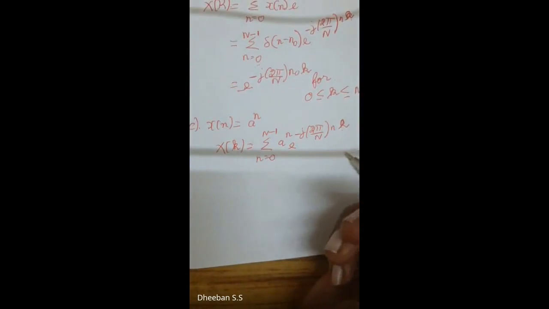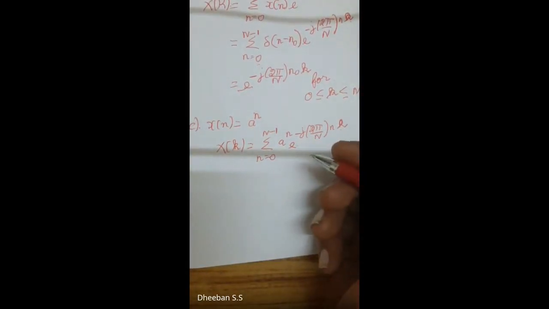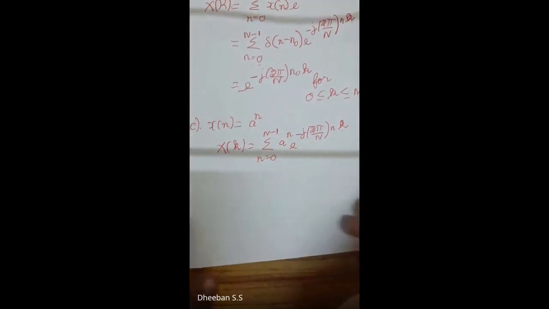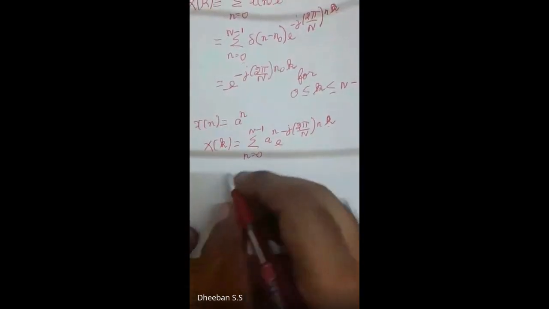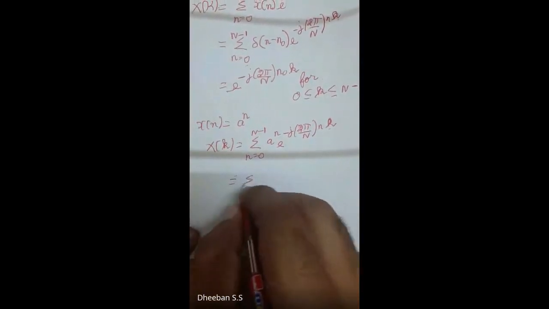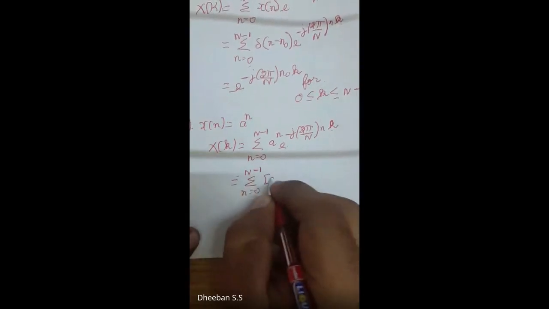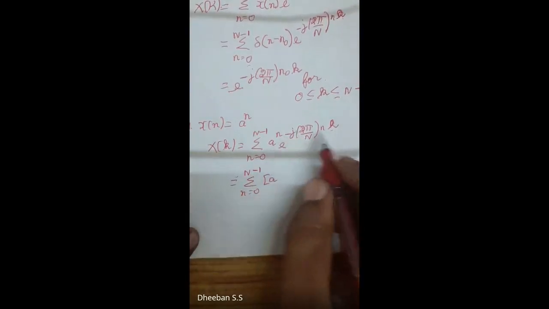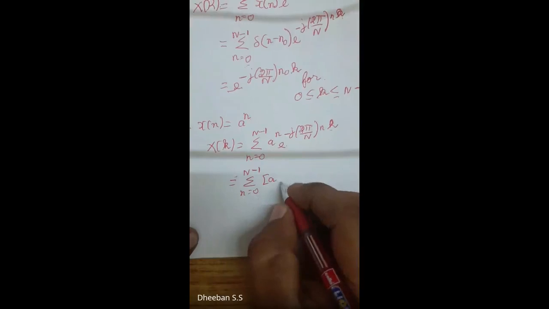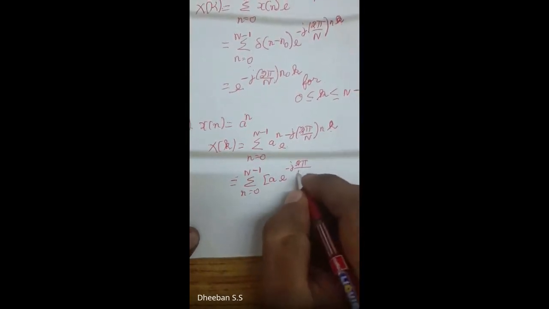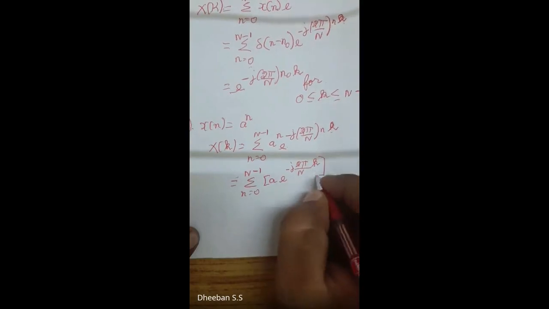Now this you already know. For this you will be putting the formula. For the n you just take it to the outside. So you will be getting summation n equal to 0 to n minus 1 of a n, here also n is there, here also n is there, a power minus j 2 pi by n into k, the whole power n.